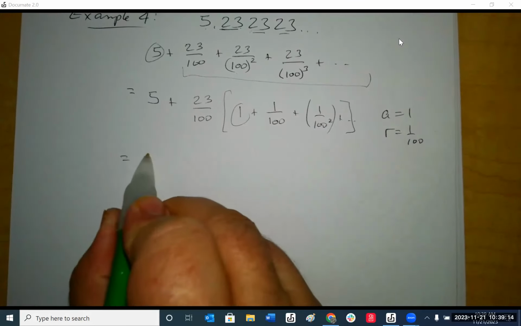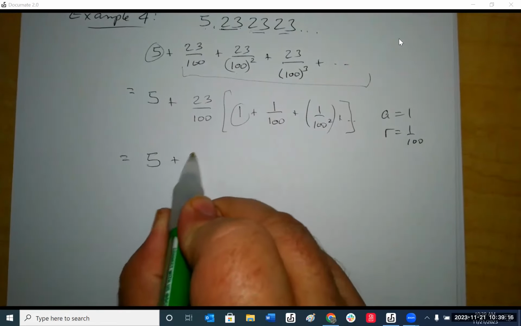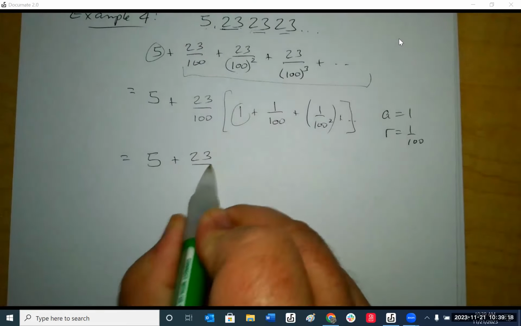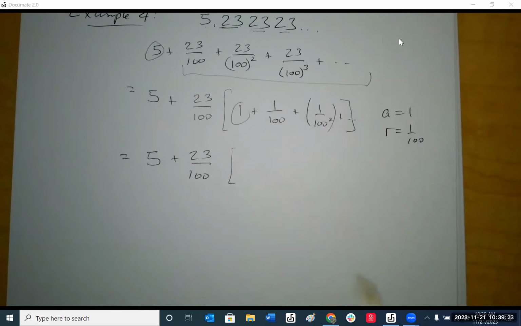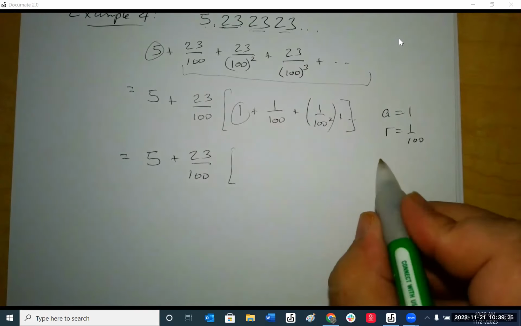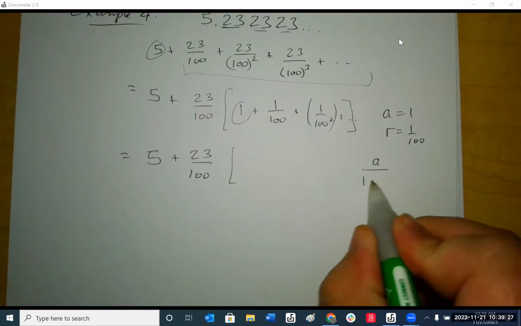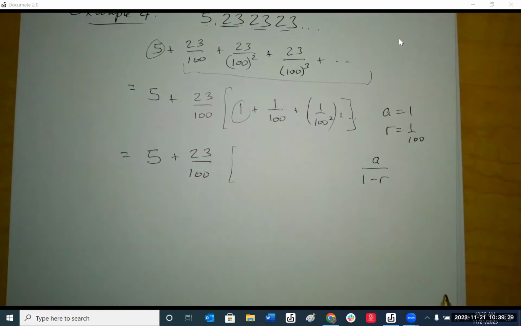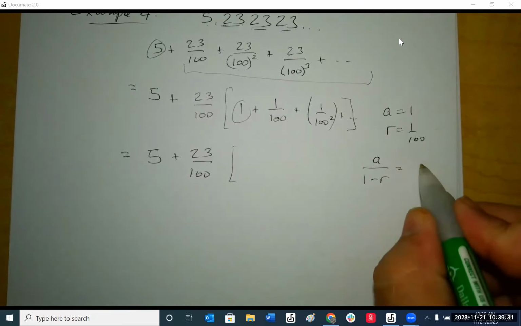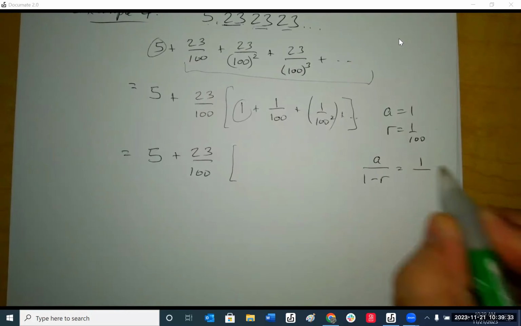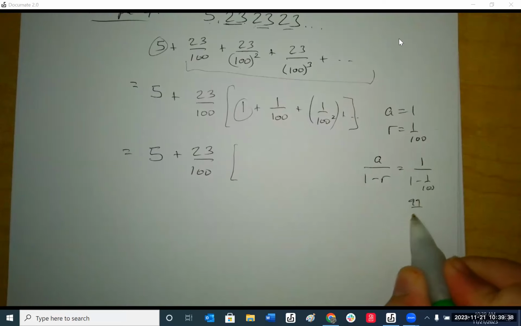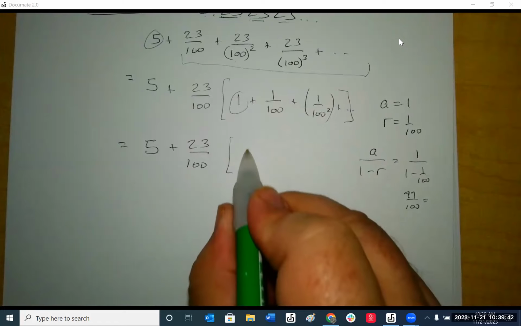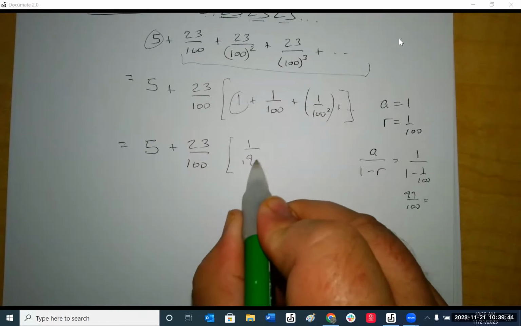So what we have here is 5 plus 23 over 100 times this whole sequence, which is A over 1 minus R, which is 1 over 1 minus 1 over 100, which is 99 over 100, which is 1 over 0.99.